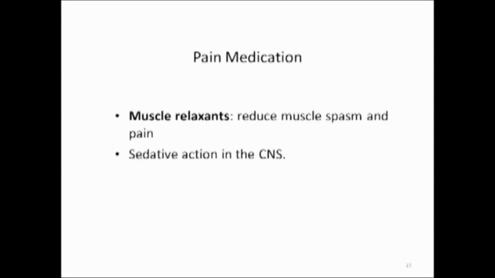Most muscle relaxants, antispasmodic agents such as Soma, Flexeril, have side effects of sedation, drowsiness, and may cause dependence with long-term use. Diazepam is used for muscle spasm, anxiety, and alcohol withdrawal symptoms.